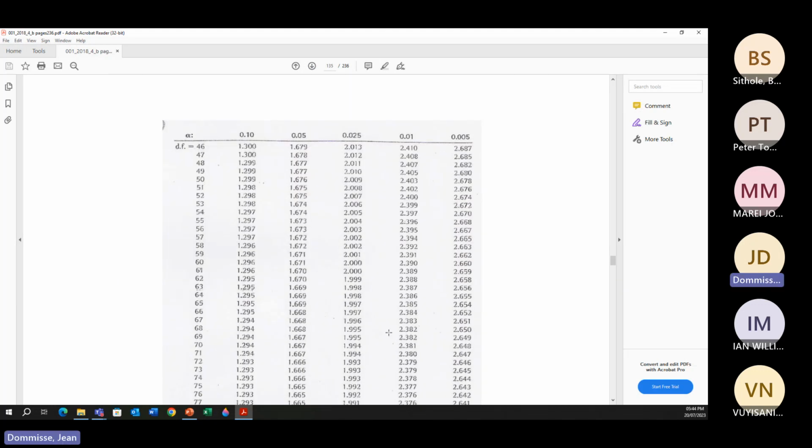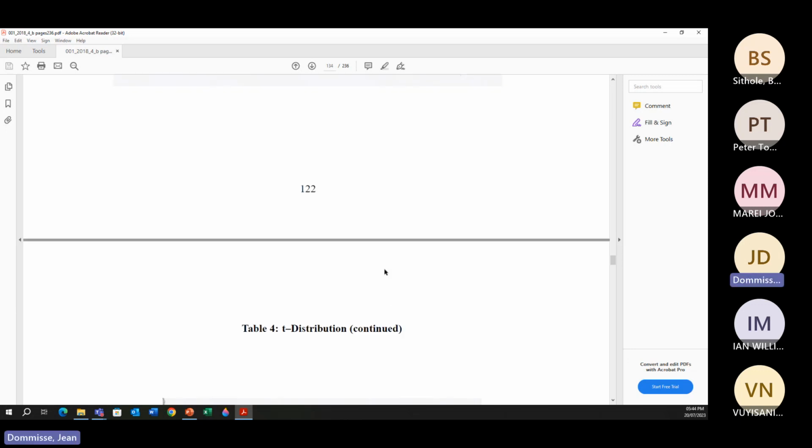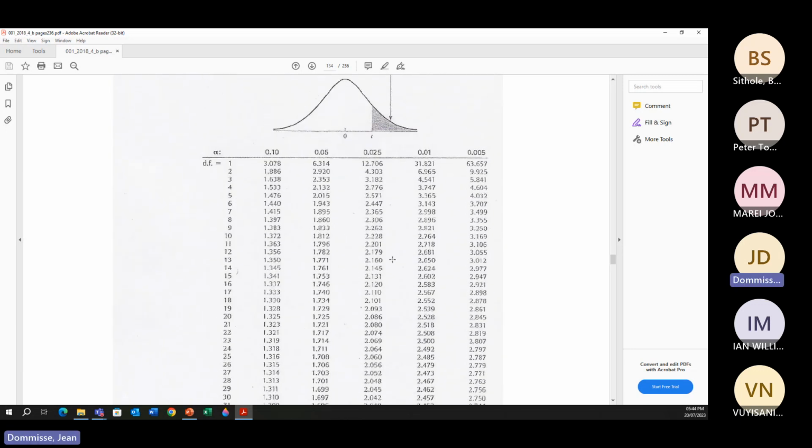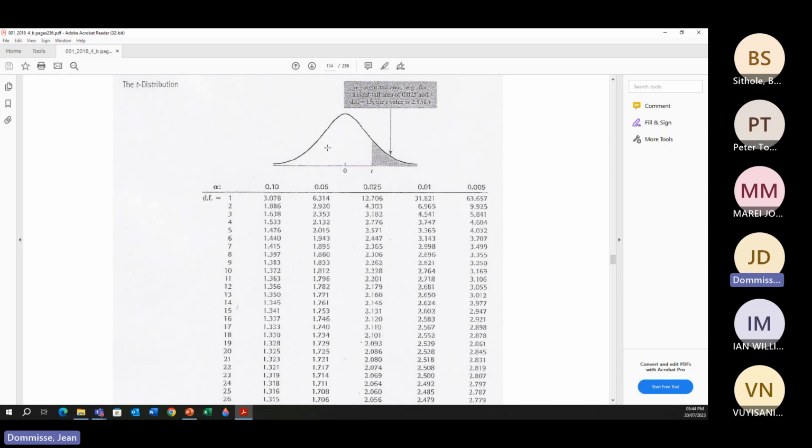What you will see is they give you two things in the t table. They give you the level of significance. Remember that level of significance is only looking at the one side, and then they give you degrees of freedom.